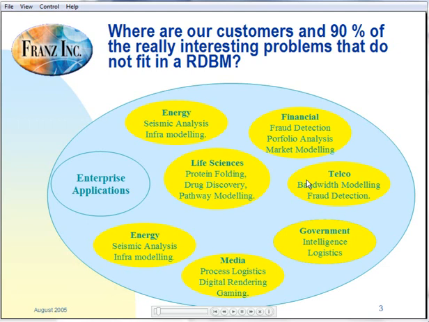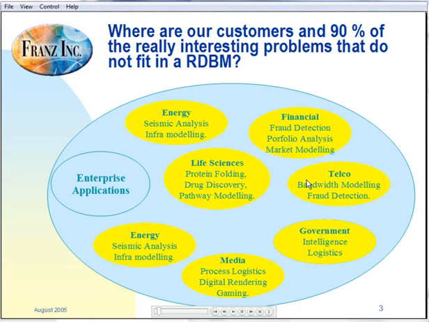So if you look where our customers are and where 90% of all the interesting problems are that do not fit in relational databases, then you just go to our customers. Yeah, we have customers in the energy market, financial market, life sciences, telcos, government, media and energy.